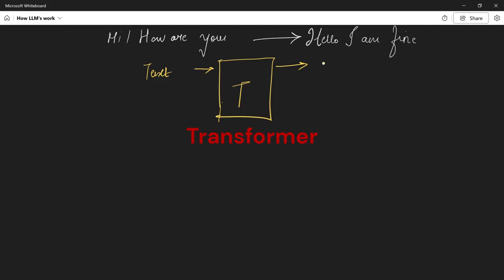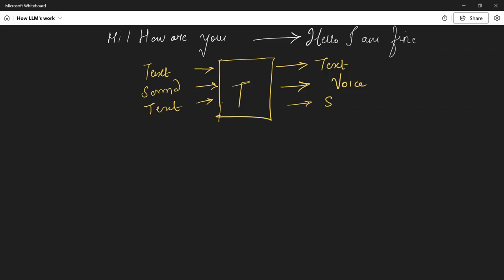A transformer can take a text and convert it into a modified text, or it can take any form of sound and it can create voice. It can take text as an input and create sound or music.